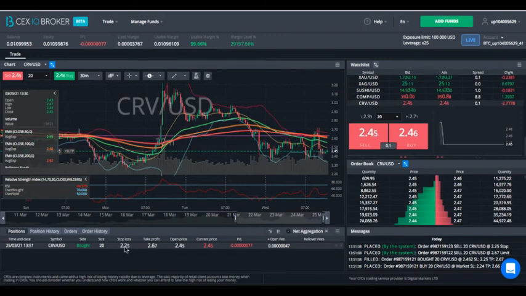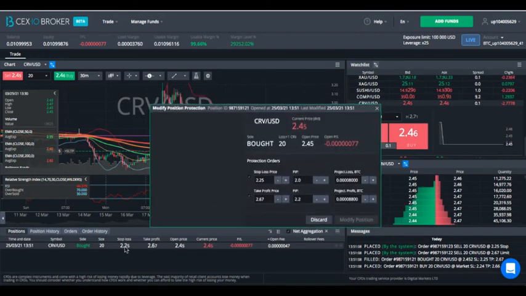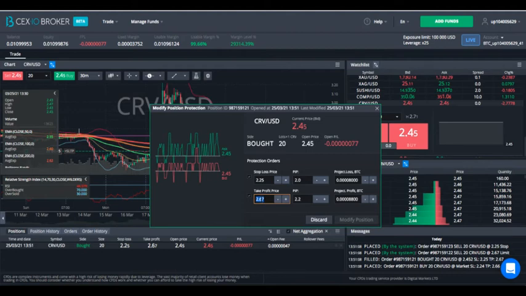If I want to edit my stop loss or my take profit, I can open this up and this is where I can make my changes. I can say, you know what, I don't want to take profit here, I want to take profit at $14, like if it goes sky high or something.